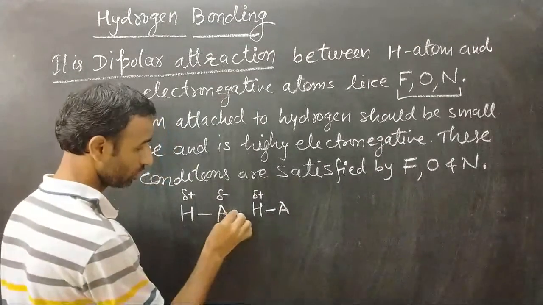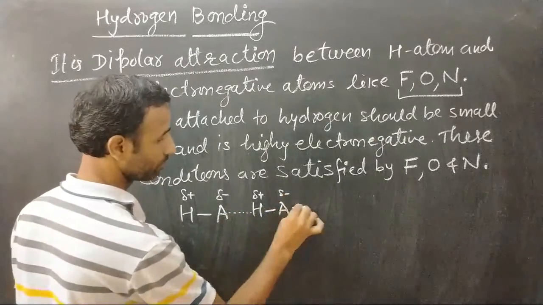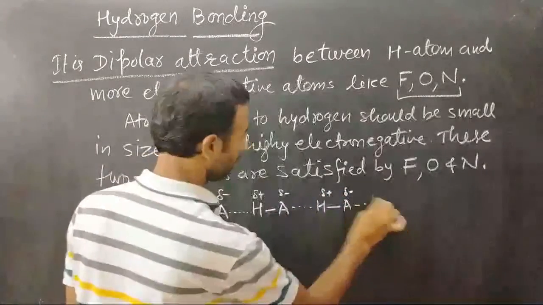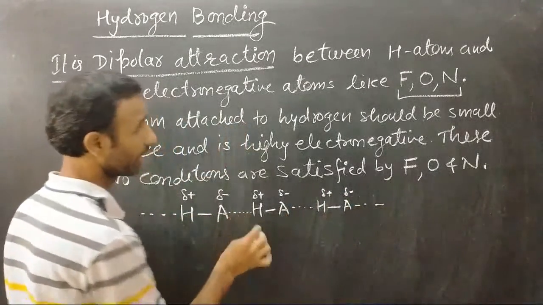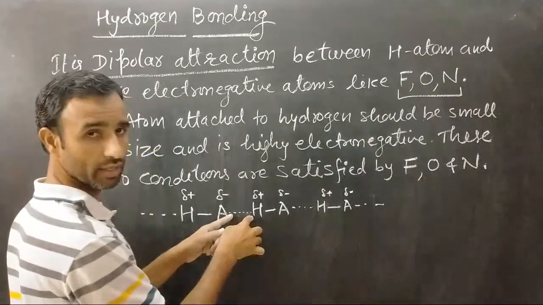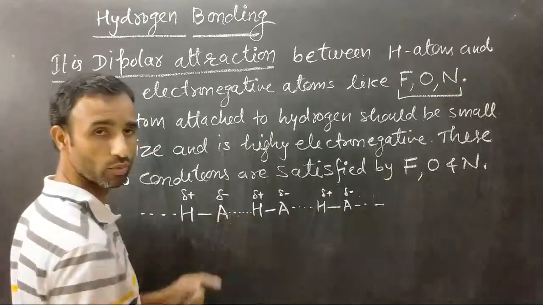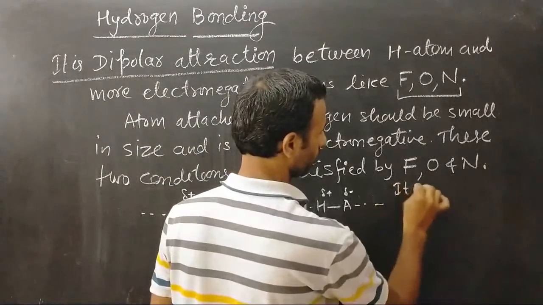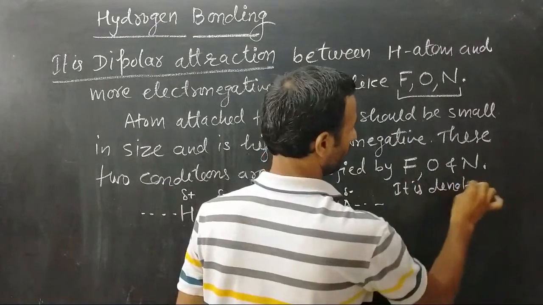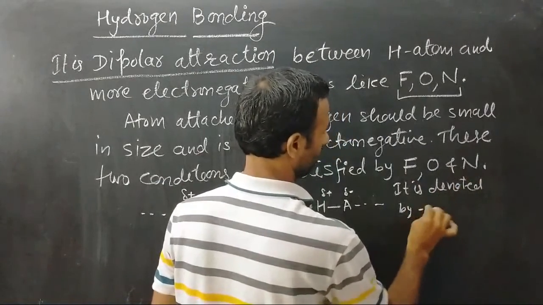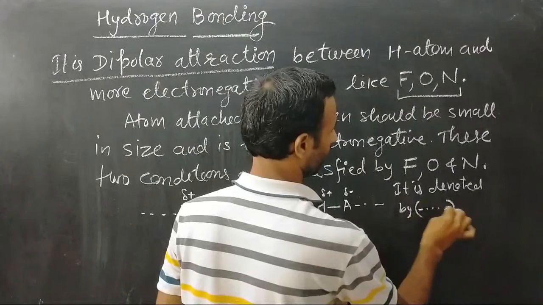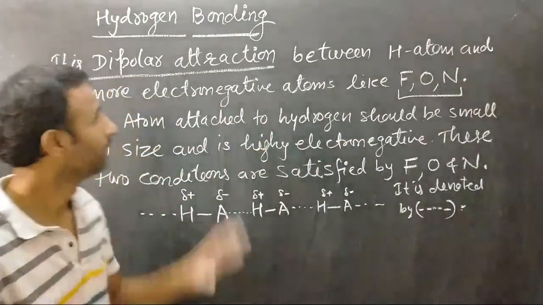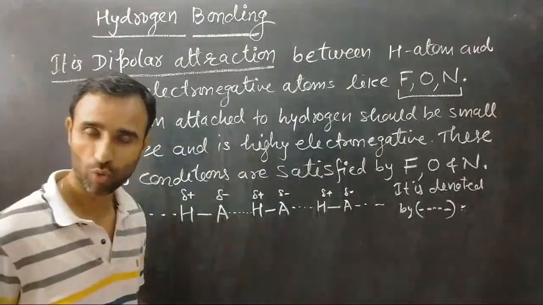This type of interaction is called hydrogen bonding, and it is denoted by this broken arrow. So this is the definition of hydrogen bonding.